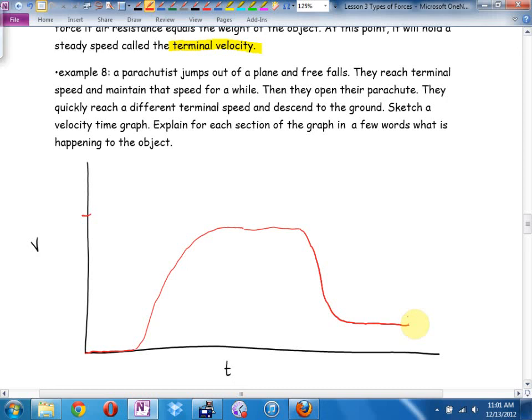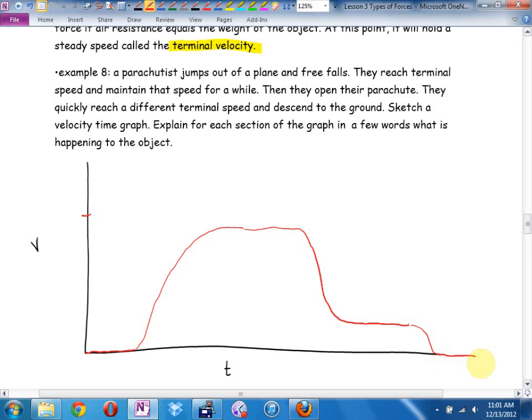Now, in real life, this part of the graph, Riley, should be about 5 minutes of time long. It really should extend off the page, because I free fall for about 30 seconds. It takes a while to float down. We're not going to worry about scale because I don't want to go shooting off my page. Eventually, I come down to the ground, and I hit the ground, and now I'm at a velocity of 0.